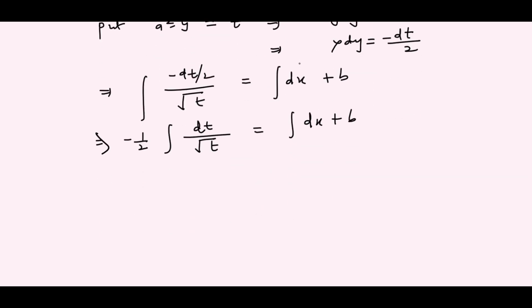So as we know that minus 1 over 2 integration 1 over root t, it will give 2 times of root t is equal to x plus b. 2 get cancel out, that is minus square root of t is equal to x plus b.